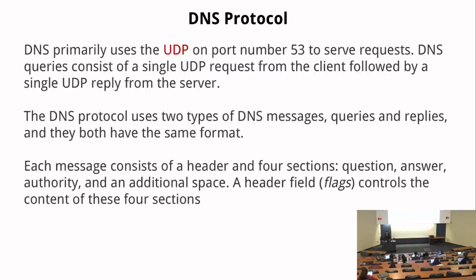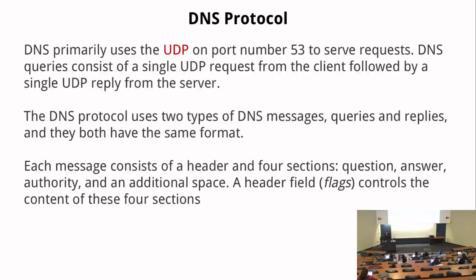DNS on UDP will use 53. A DNS request consists of just one single UDP request, followed by a single UDP reply from the server. So very simple, doesn't really cost much.